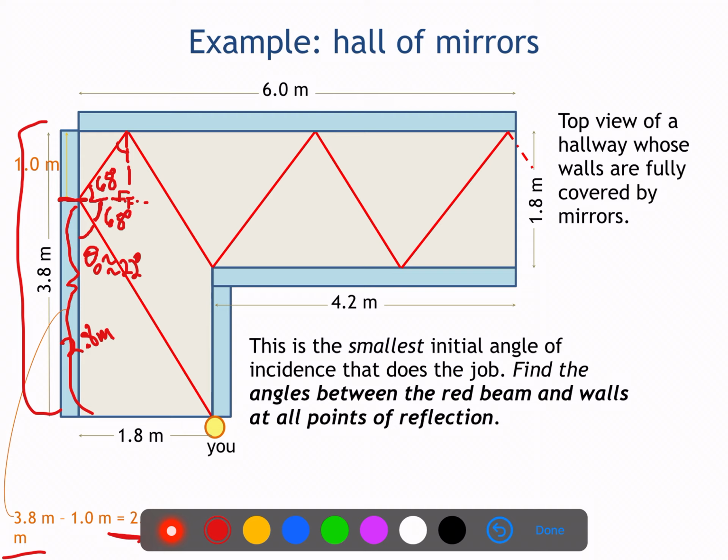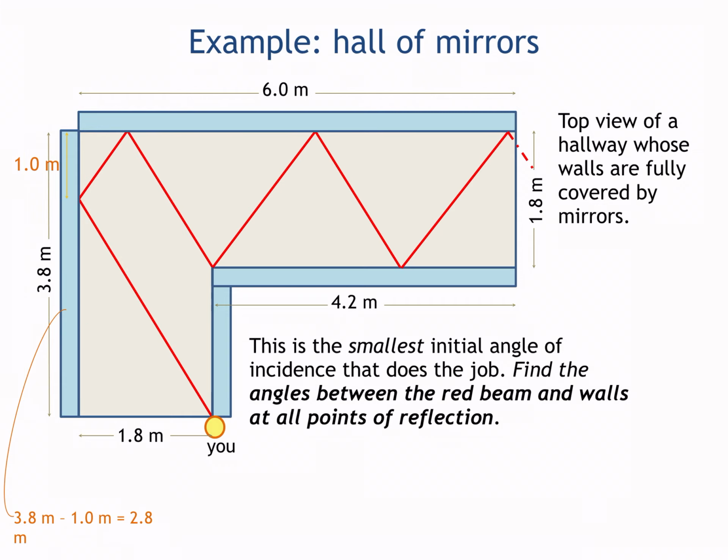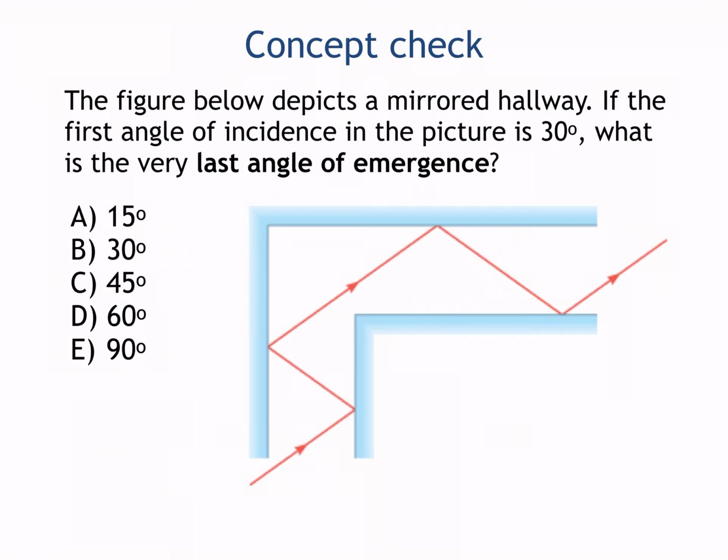So I'm back to 22 degrees here, which by the law of reflection then means that this angle also has to be 22 degrees. And you can proceed like this with this kind of reasoning through the entire hall of mirrors and determine the angle at each particular reflection throughout the hall of mirrors. Okay, so that's all well and good.